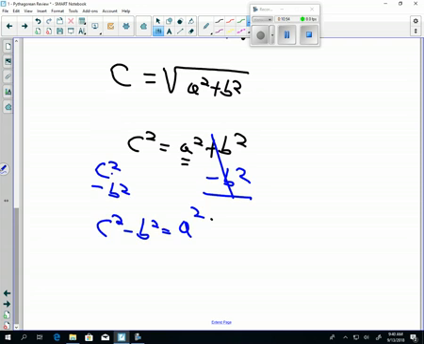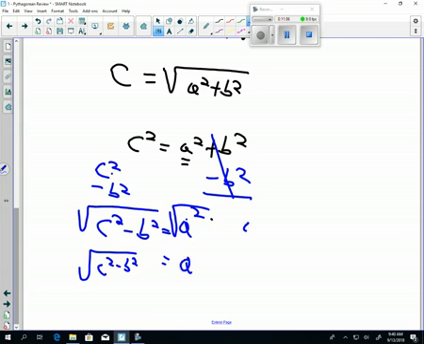What's a going to be? Well, if we take the square root of this, we have to take the square root of this. And the square root of a squared is a, because remember, a times a is equal to a squared, and the square root of a squared will equal a. So a is equal to the square root of c squared minus b squared.